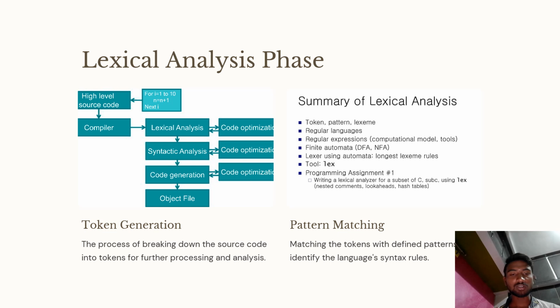In lexical analysis, token generation is done, like breaking down the source code into tokens for further processing and analysis, and pattern matching, matching the tokens with defined patterns and identifying the language syntax rules.